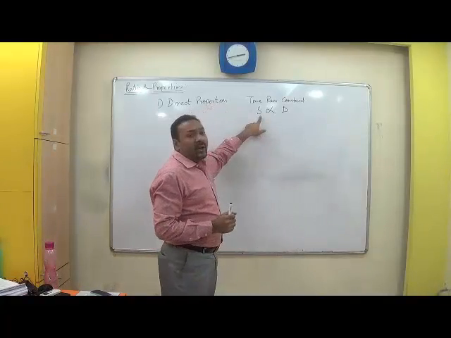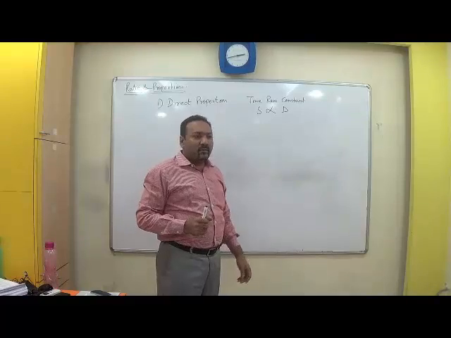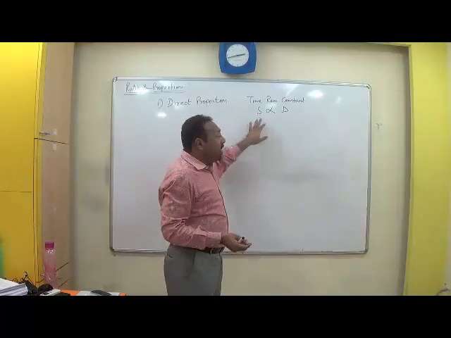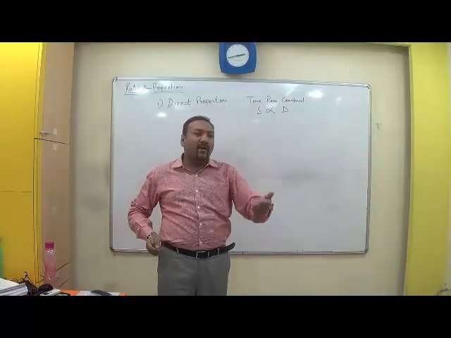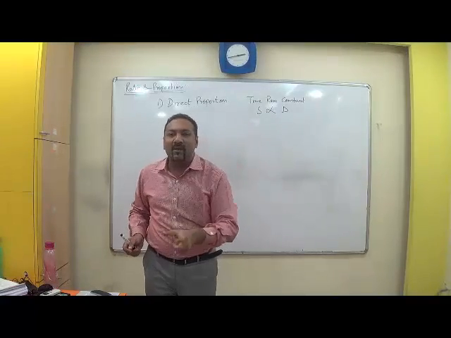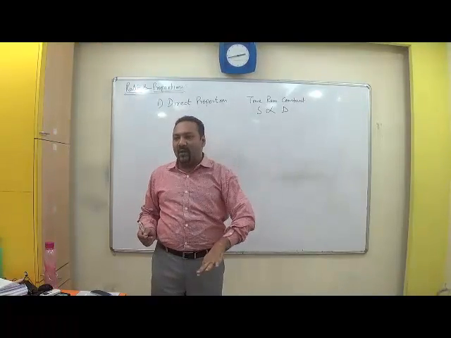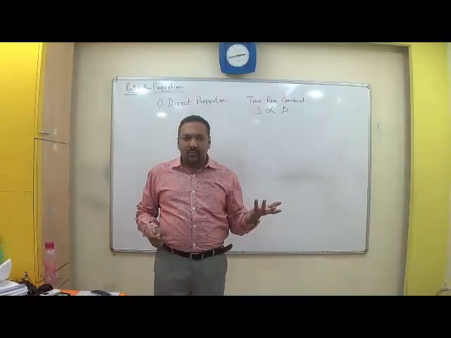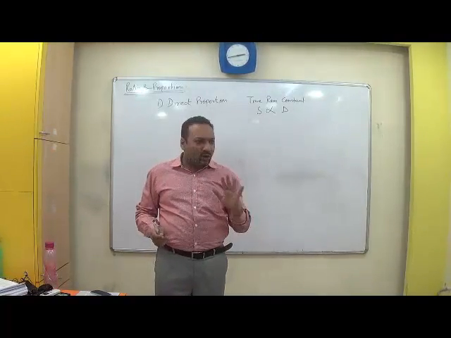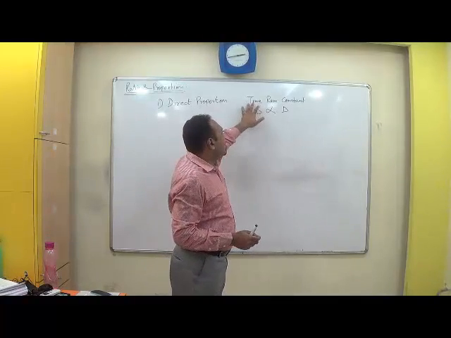If my speed is 100 km per hour, distance covered is 100 km. If my speed goes double, my speed becomes 200 kilometers an hour. How much is the distance covered in an hour? 200. My speed goes half. It becomes 50 kilometers an hour. My distance traveled becomes half. Very simple, very clear, no problem. So speed is directly proportional to distance, time remaining constant.